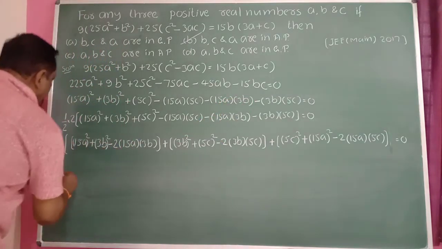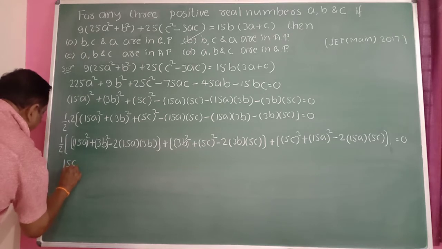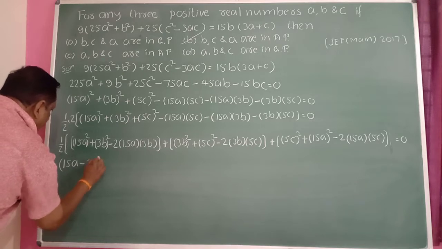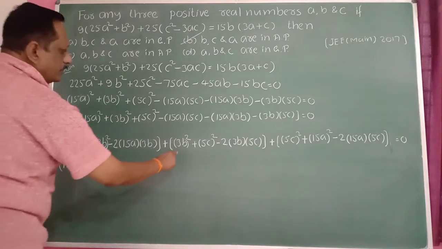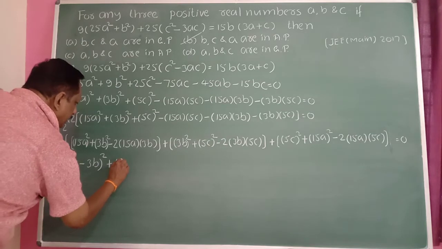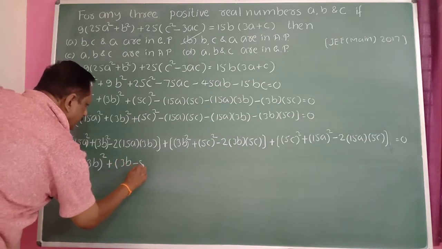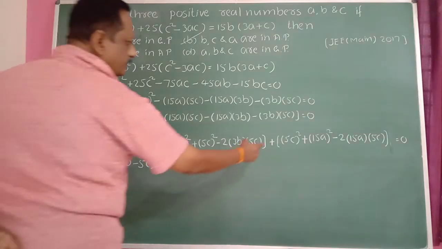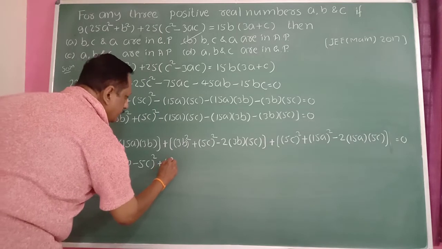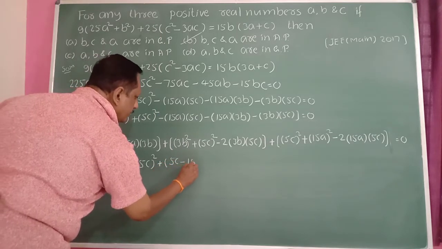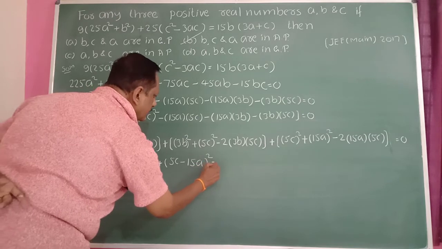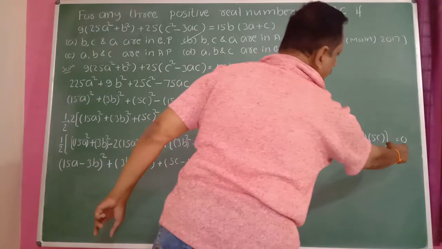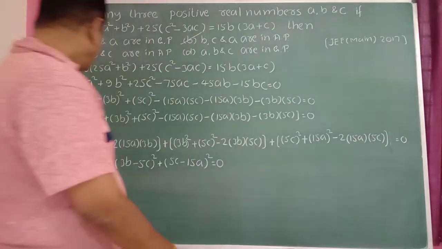And these terms can be written as (15a − 3b)², then plus (3b − 5c)², and then plus (5c − 15a)² is equal to 0.